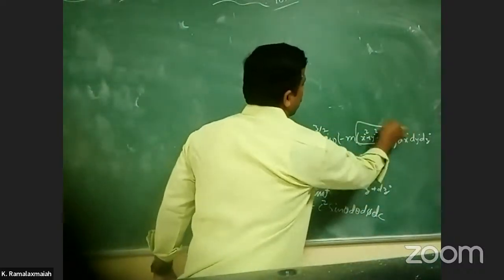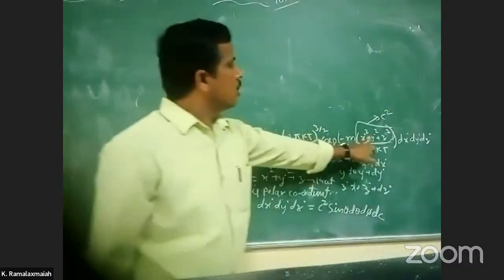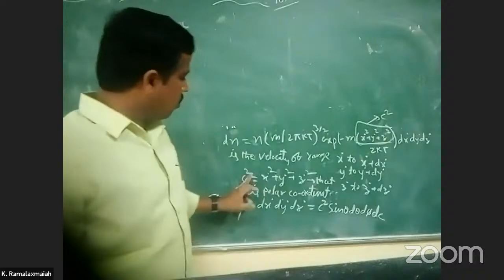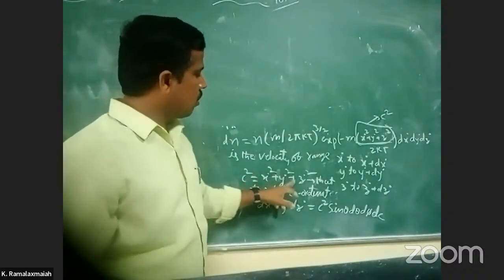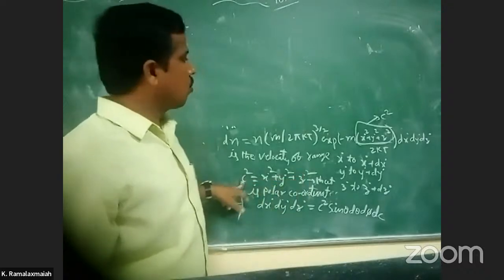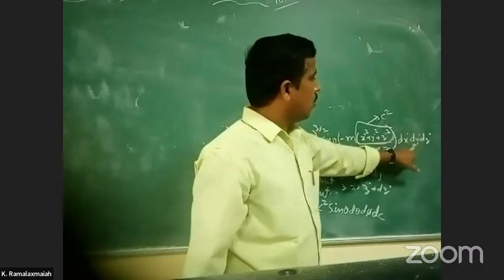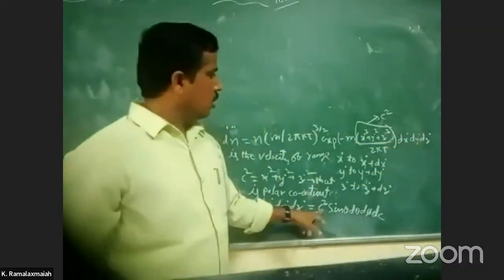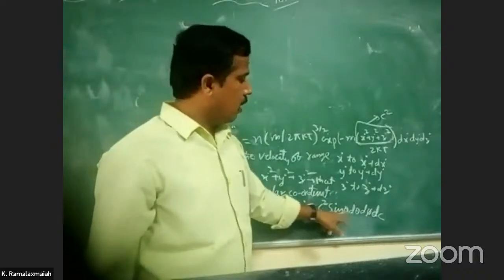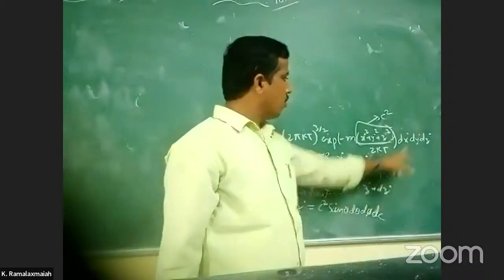You observe this one. This is equal to c square. Which value is c square here? c square is equal to x dot square plus y dot square plus z dot square, that is c square. That value substitute here. Next, dx dot dy dot dz dot is equal to what? c square sin theta d theta d phi dc. So that value you substitute.